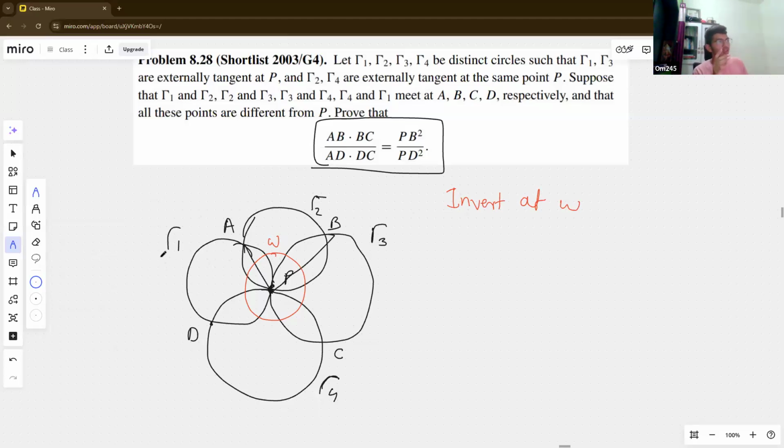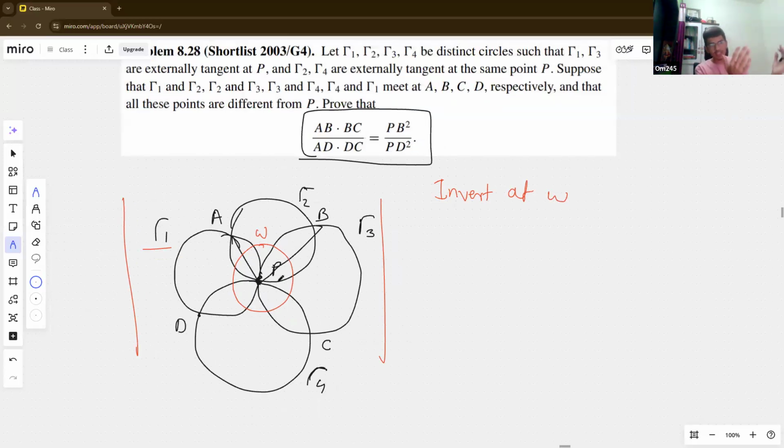So gamma 1 passes through P, right? So it will transform into a line. Gamma 3 passes through P, it will also transform into a line. Now there is one key fact. If two circles are intersecting, the intersection point also maps to some point, and that point has to lie on both of the inverted things.